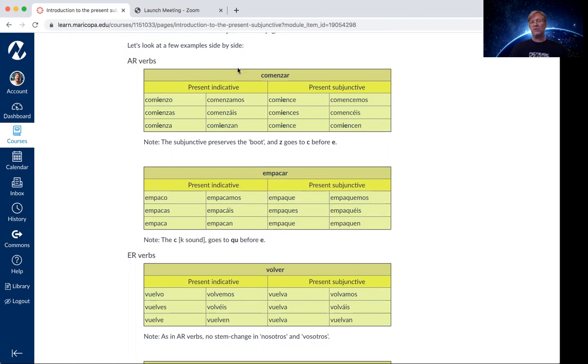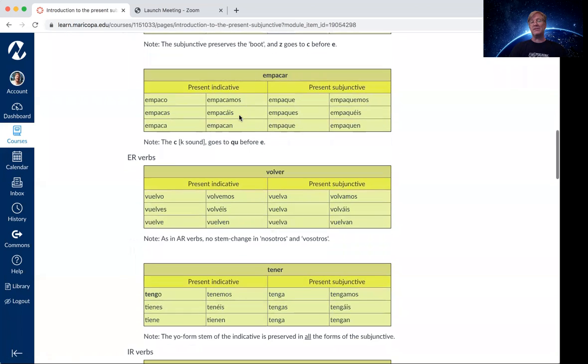So, for instance, comenzar, comienzo, comienzas, comienza, comenzamos, comenzáis, comienzan. Present subjunctive, comience, comiences, comience, comencemos, comencéis, comiencen. It's important when you study the subjunctive to compare it to the indicative. Bien? So you can see the differences.